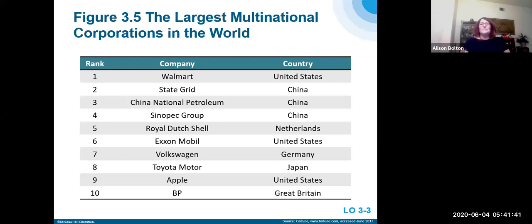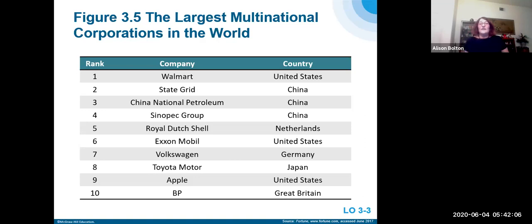So let's take a look at some of the largest multinational corporations in the world. And of course, here in the United States is Walmart. And then we go to China with State Grid, totally different kind of company. China National Petroleum, Sinopec Group in China. The Royal Dutch Shell, which is oil in the Netherlands.